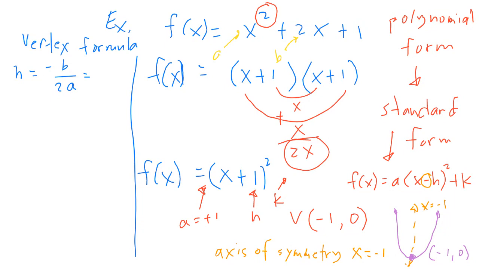So therefore, our b is -2. So that's -(-2) over 2. Our a is 1. So therefore, h is equal to -(-2) divided by 2 times 1. That's -1.